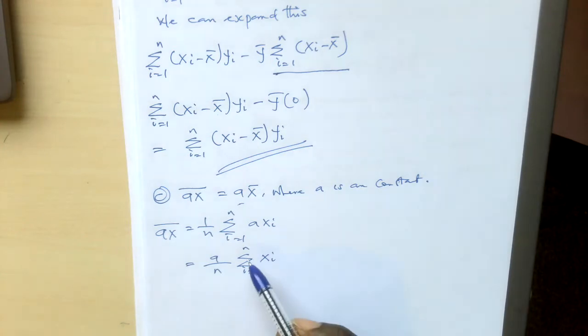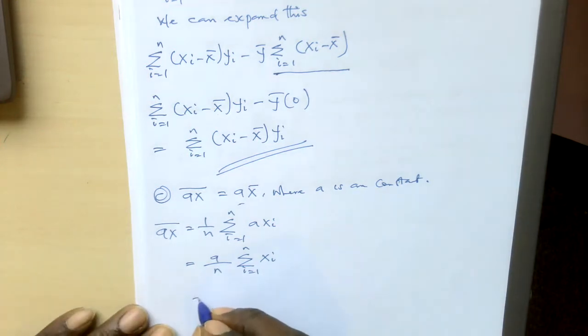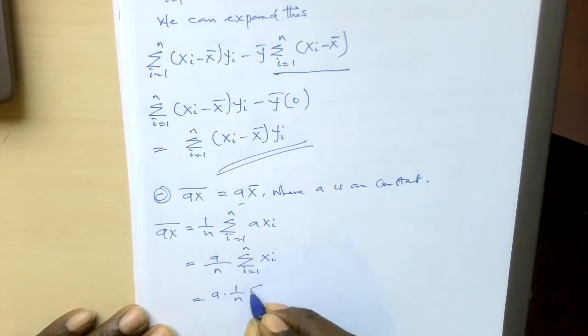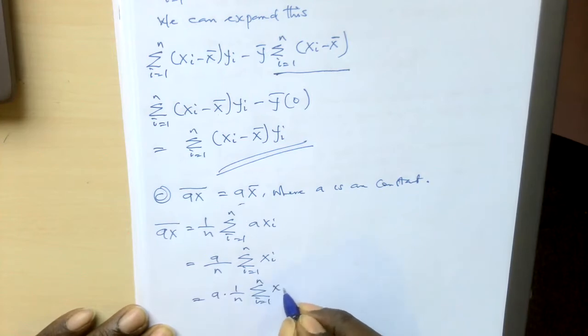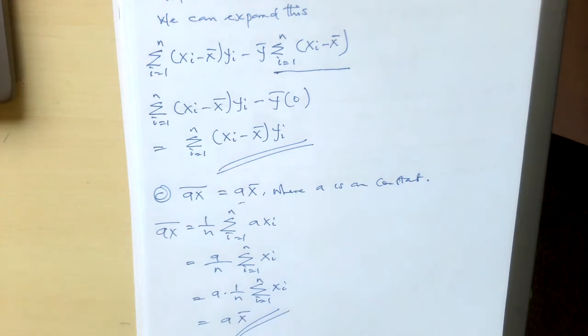Of course we know that this, all over this n, is the definition of mean. So that means we have a times 1 over n summation, I'm summing xi from 1 to n. So this becomes a times the mean of x, right? That's proved. So that is also straightforward.